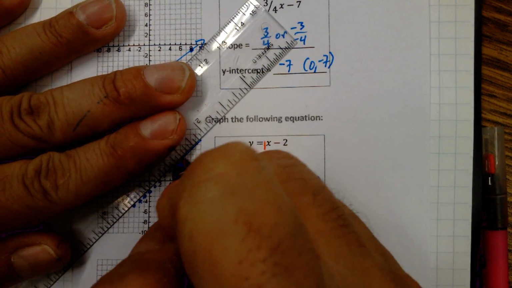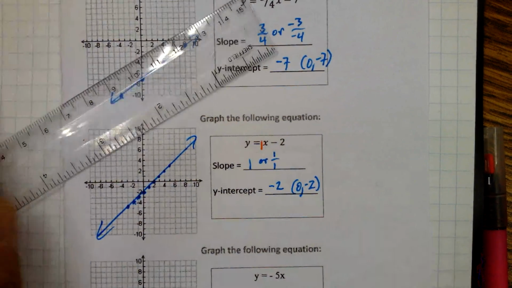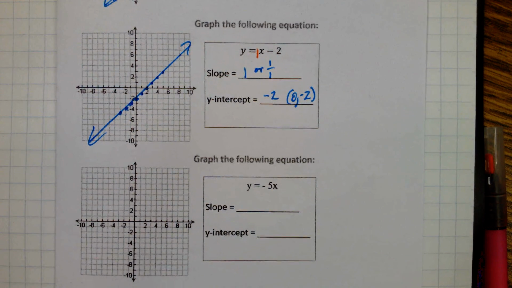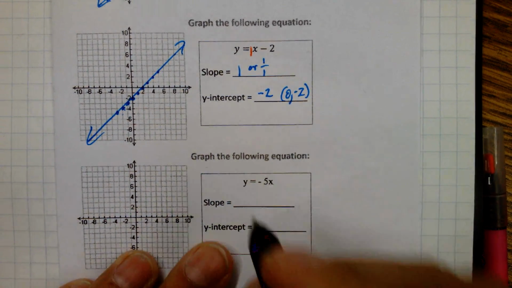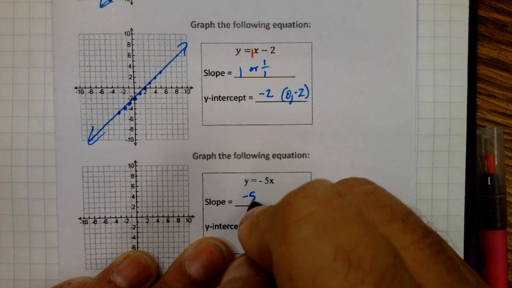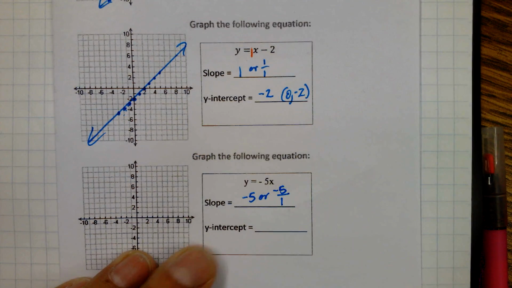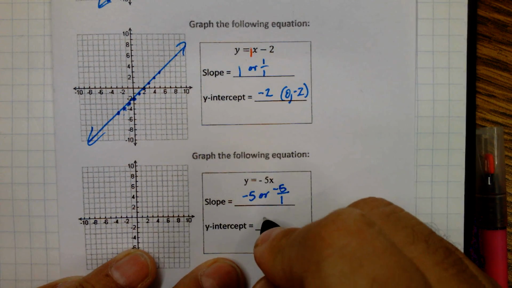Got a lot of them here. Oh, last one. So what's my slope? Negative 5 over 1. What's my y-intercept? 0.